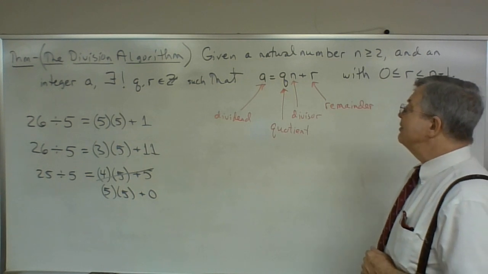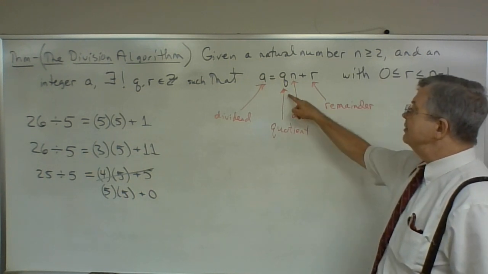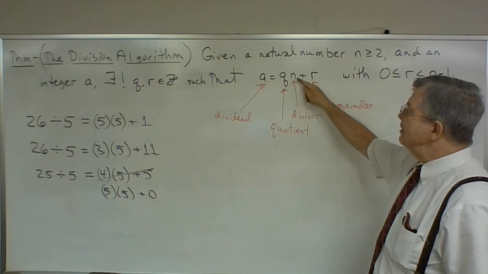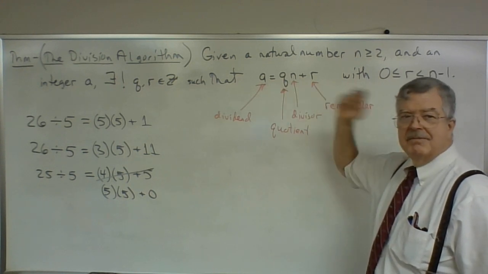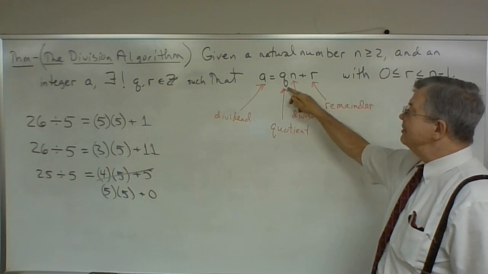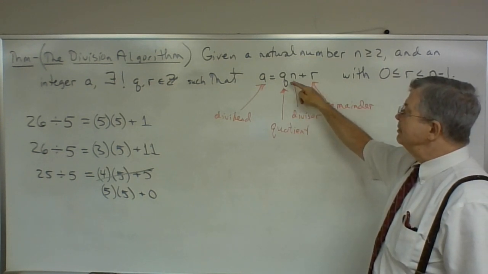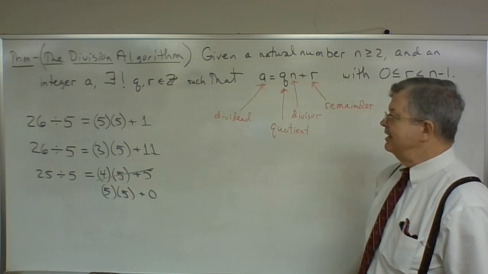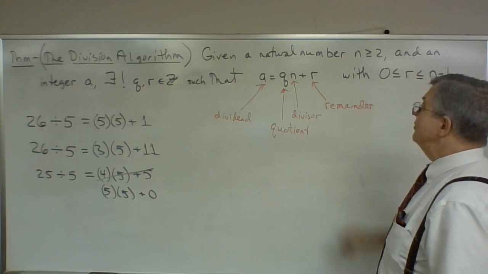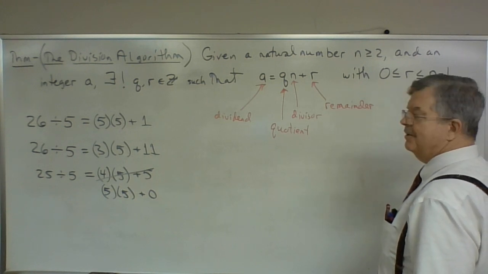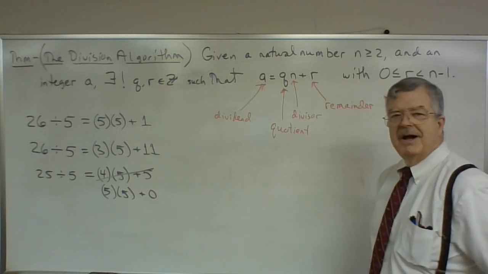But the division algorithm essentially says that the quotient is the largest integer that we can multiply the divisor by and not exceed the dividend. So the quotient is the largest integer that we can have, where we can multiply the quotient by the divisor and not get something larger than the dividend, which means that the remainder is going to be non-negative and also less than the divisor.